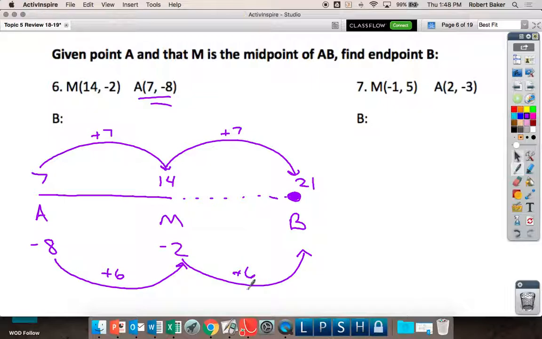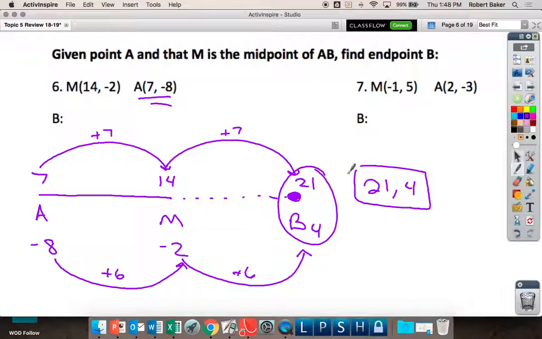So -2 plus 6 is 4. So B is at 21, 4. Kind of just continue the process. The midpoint is equal distances from both endpoints. So plus 7 again. Plus 6 again.